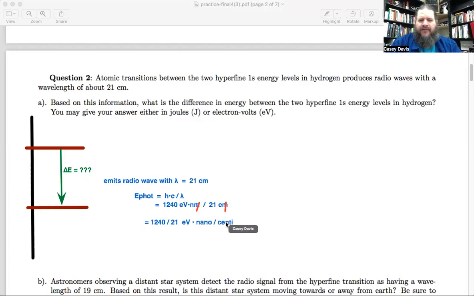What do nano and centi mean? Centi is like 100, right? Does centimeter mean 100 meters? No, 0.01 meters.